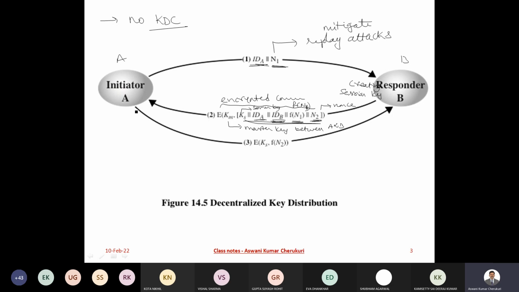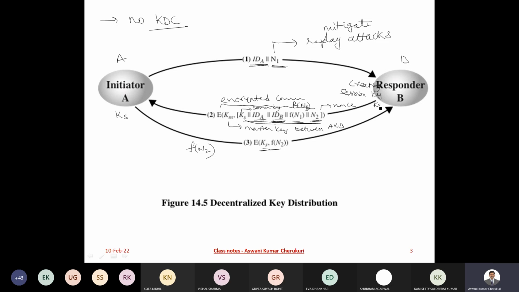Now A will respond back to B saying, okay, look, I got the session key. How is it responding? By performing some arithmetic operation over N2 and encrypting the result with the session key that was established in the second step. Now B receives it and decrypts it because that was encrypted with the session key.